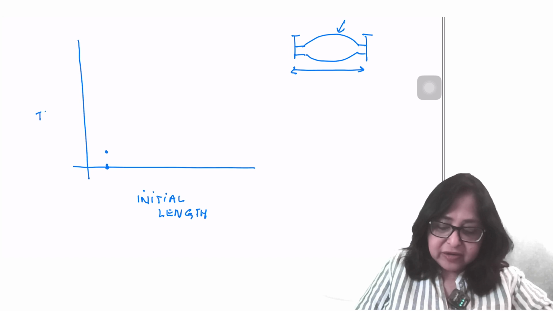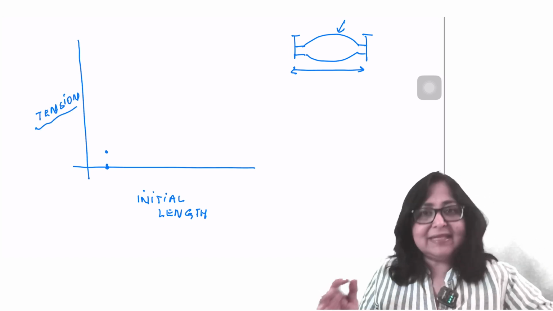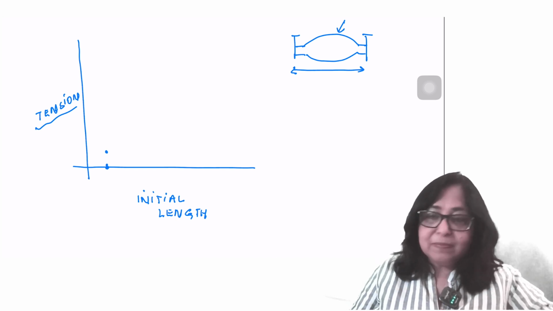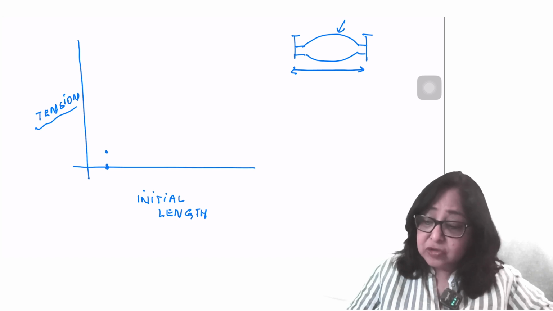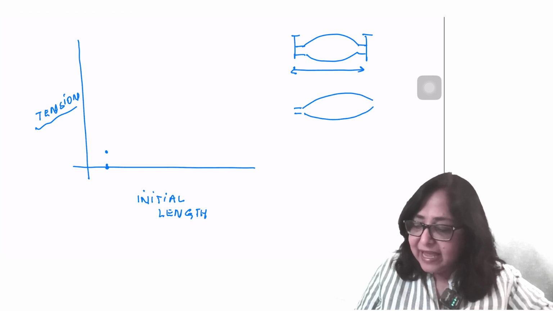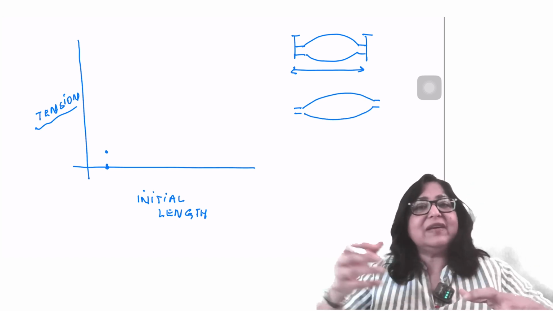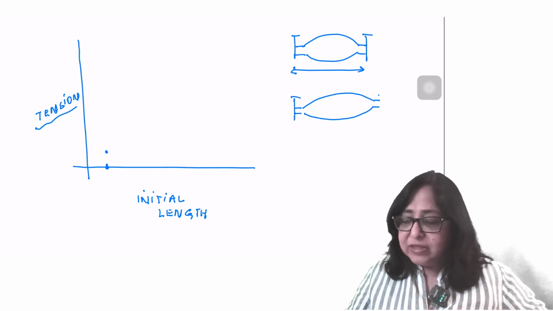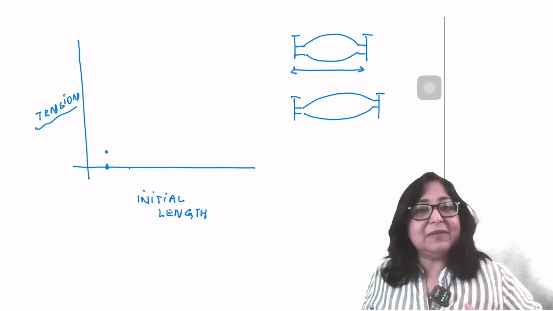Right? We've got tension on the y-axis. Let's take another example. Now we stop giving a stimulus to the muscle. The muscle contracts, the muscle relaxes. Now we stretch the muscle. We increase the length of the muscle from, let's say, 5 to 7 centimeters, and we fix the length of the muscle. So now the initial length is 7 centimeters.